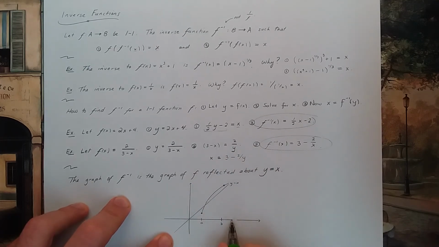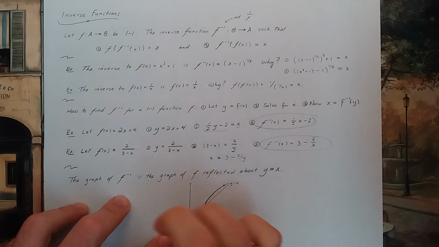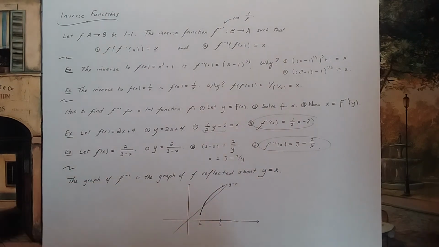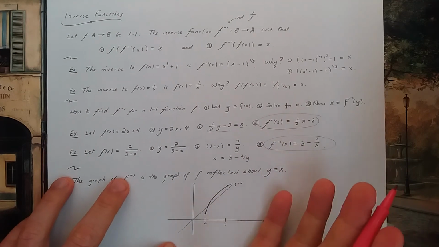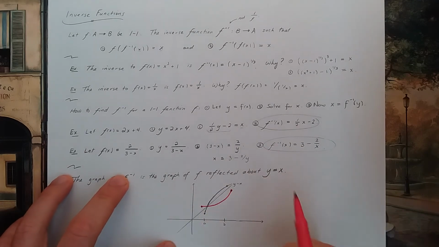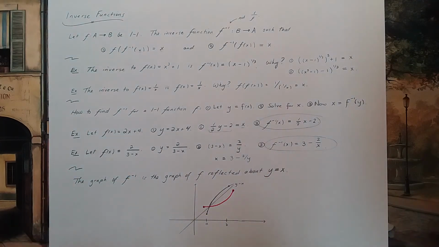So on the interval from a to b, I have a 1-to-1 function f shown here. The inverse function has graph that's reflected about the line y equals x. So I'm going to take this picture and kind of fold it over, and I believe I will get a picture that looks like this. That's supposed to be the same graph just reflected about the line y equals x.